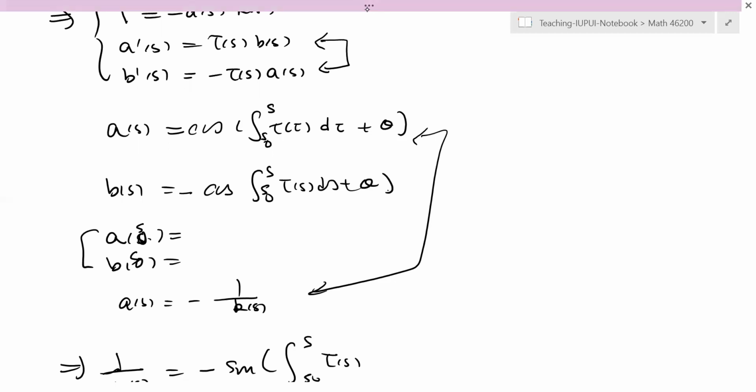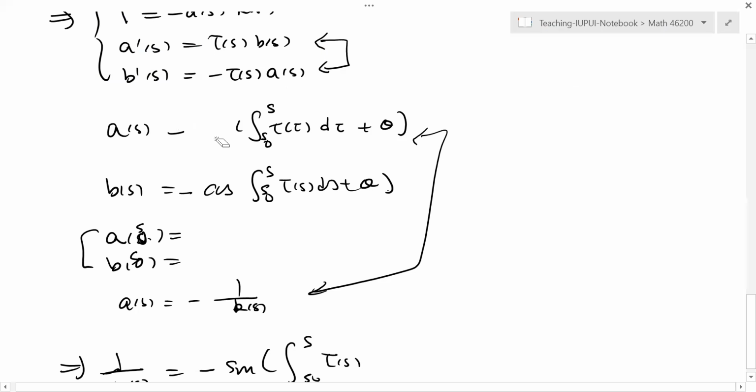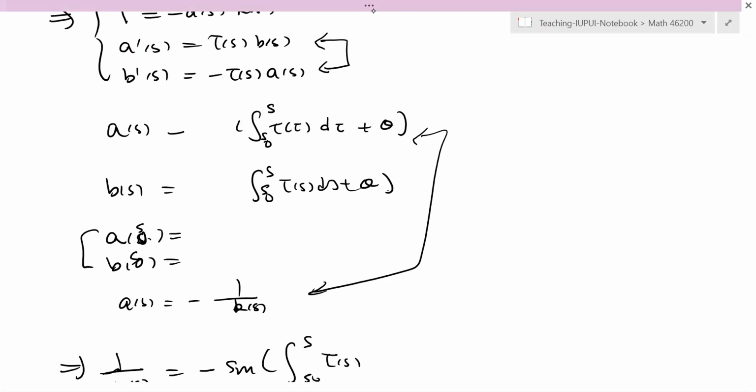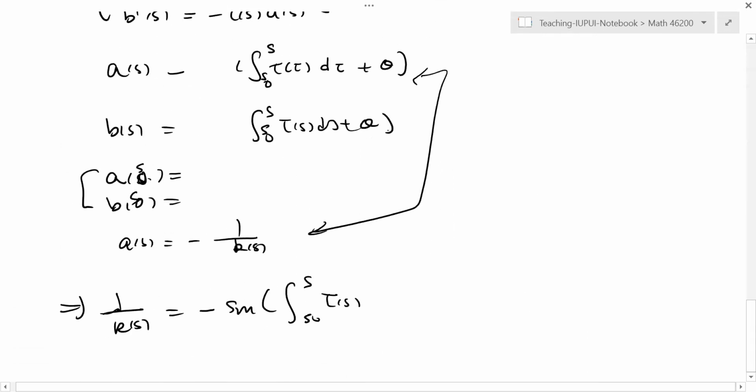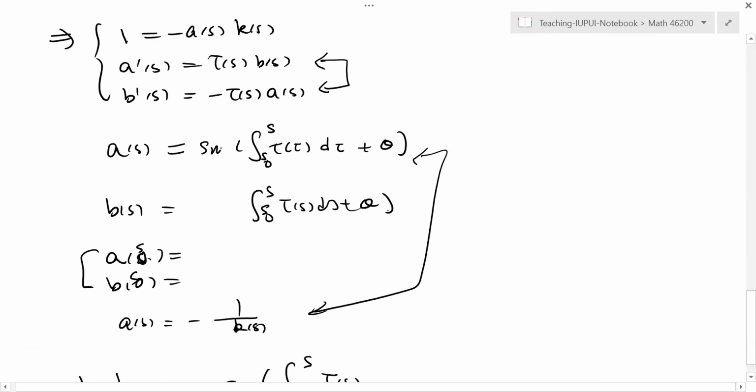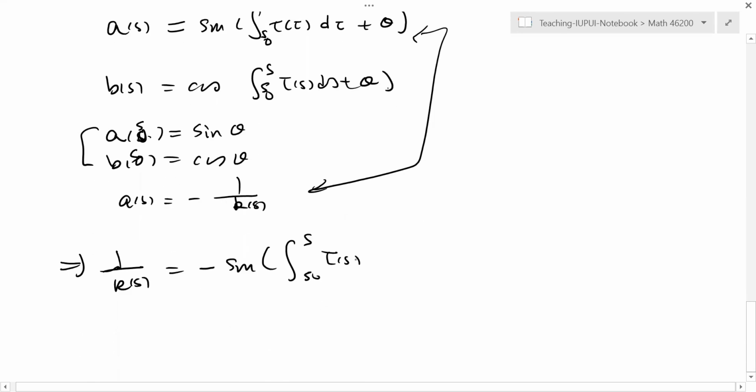Okay, let's use sine, let's cosine. Okay, sine, cosine.